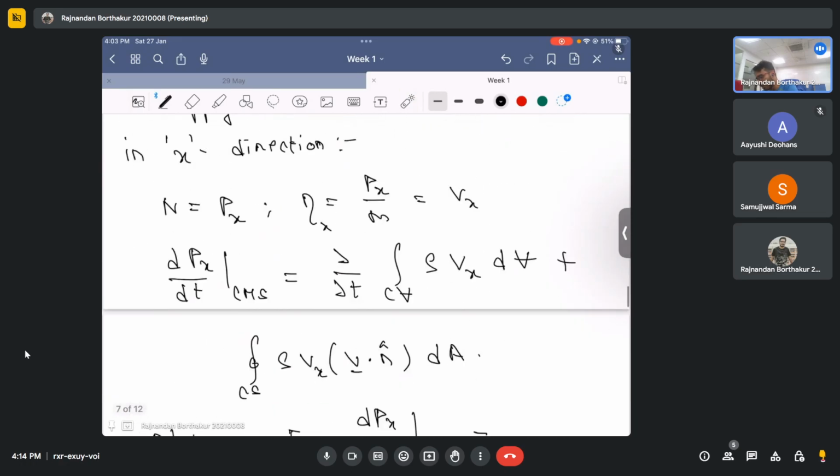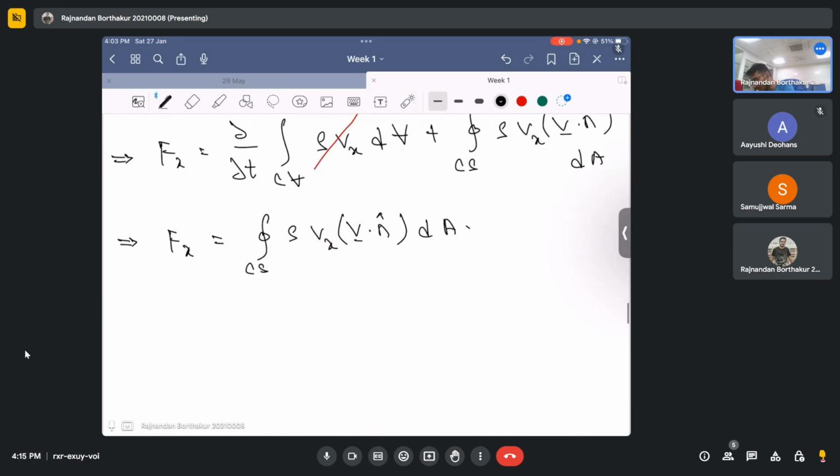So this would be minus rho, and Vx would also be equal to Vj minus Vc, because Vx is the velocity of water at cross section A. We need to evaluate this control surface integral at cross section A, which is the inlet of the water. So this becomes minus, because the n cap and the velocity are in opposite directions, and it becomes Vj minus Vc whole squared times Aj. I hope this is clear to everybody.